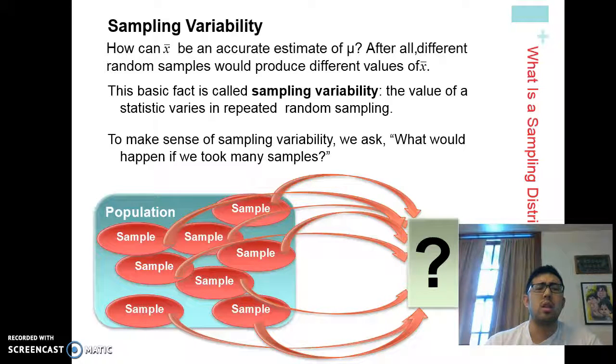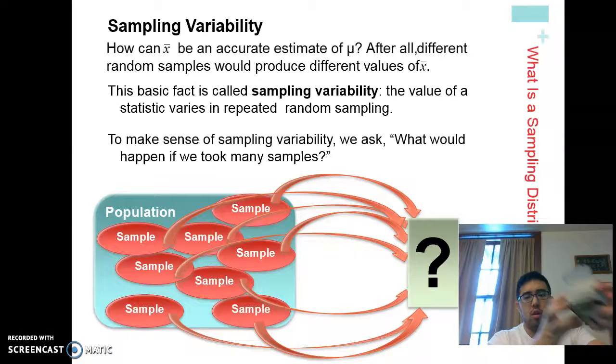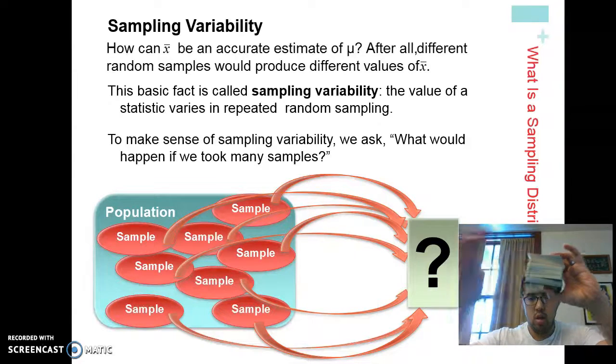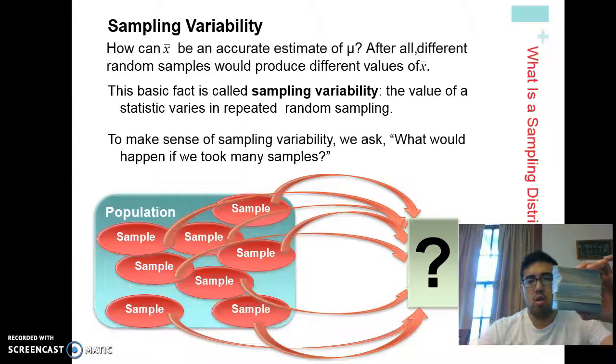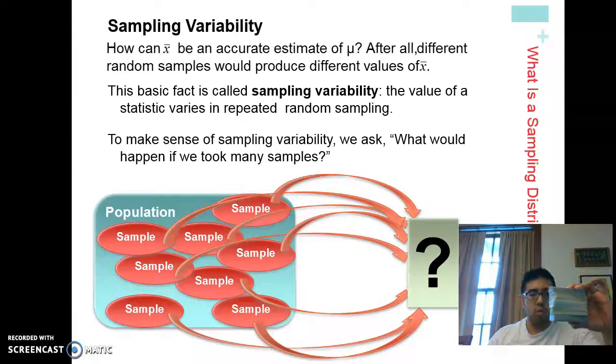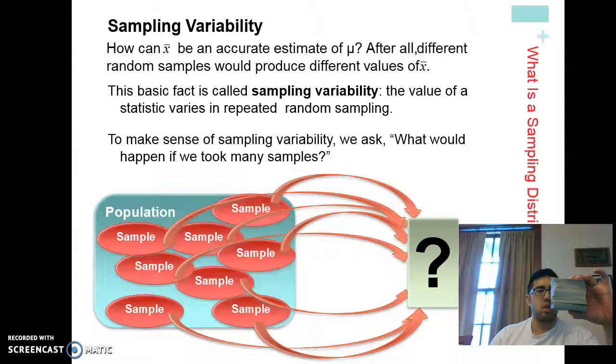And to illustrate this, I'm going to have a very large deck of cards. Okay, so I have a very large deck of cards here. Hopefully you can still see this properly. And I'm going to take multiple samples of 20 from this card deck. Normally, I would use chips, like blue and black chips, but I don't have those, so we're going to use red and black cards.